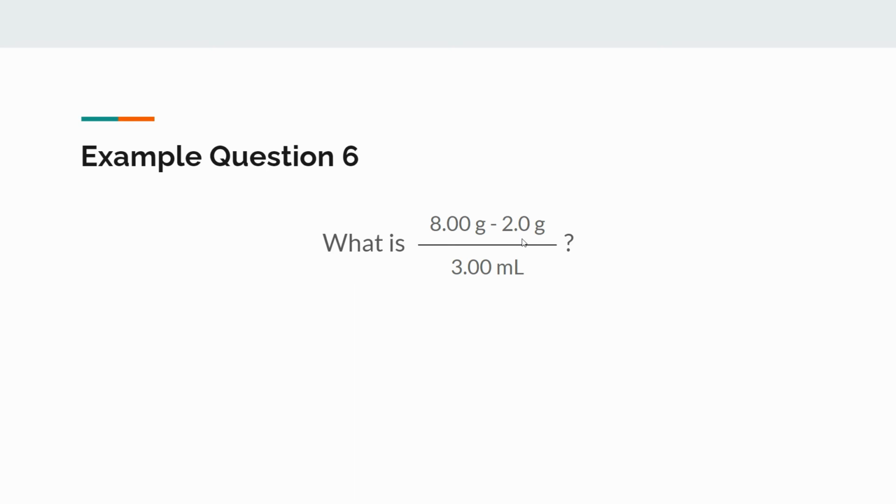Since 2.0 has fewer decimal places, the numerator would simplify to 6.0 grams. Then we can use the multiplication and division rule, which states that the answer should be rounded to the least number of sig figs. And since 6.0 has fewer sig figs than 3.00, the final answer should have 2 sig figs. So after simplifying, the final answer will be 2.0 grams per milliliter.